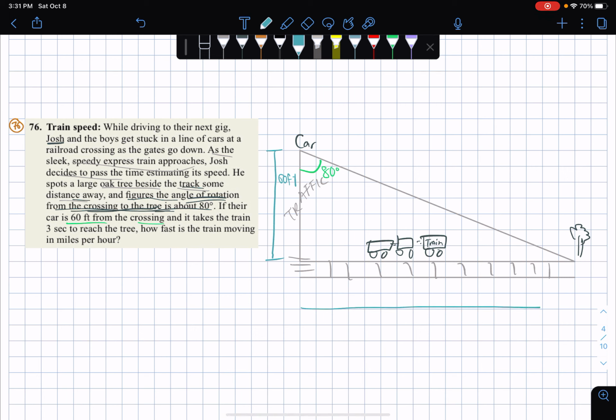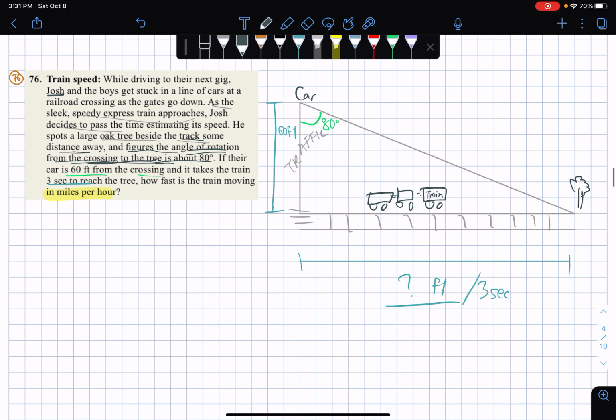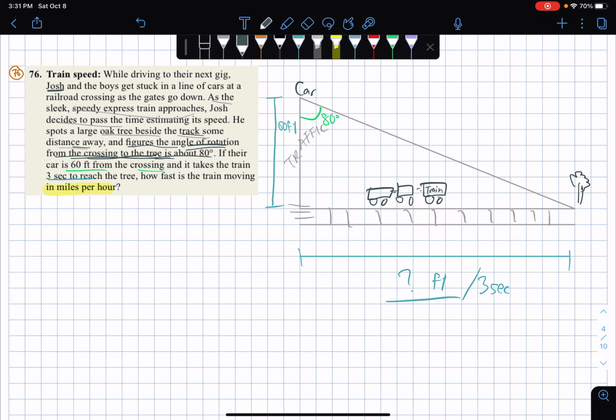It takes the train 3 seconds to reach the tree. So this one is over 3 seconds. How fast was the train in feet initially? Eventually, we'll convert feet per second to miles per hour, as stated here. But for now, let's deal with finding the opposite side in feet first.